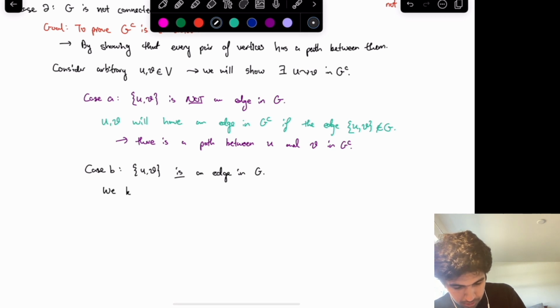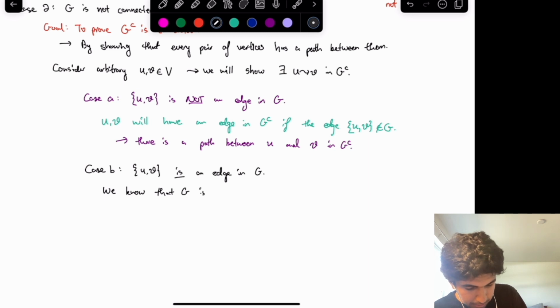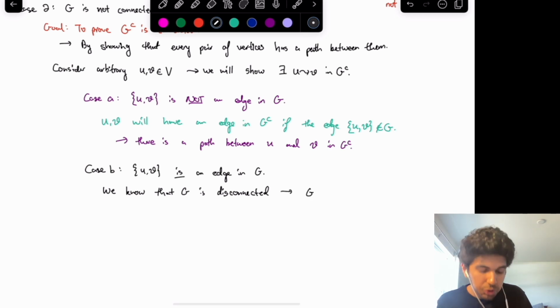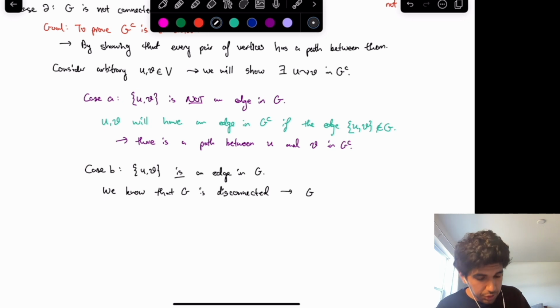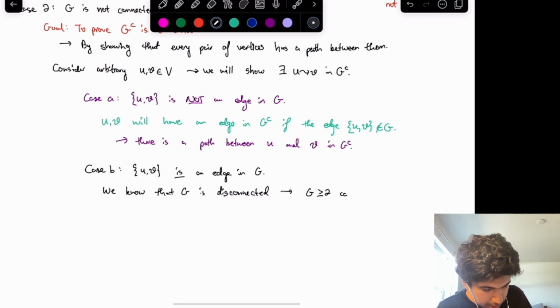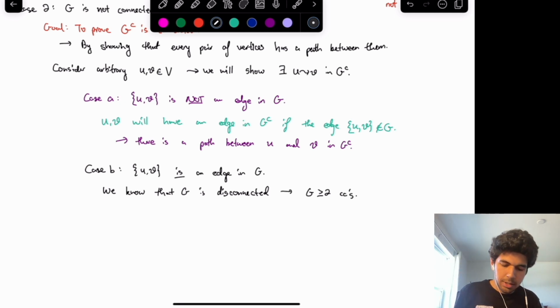We know that G is disconnected. That is the case we're under. So G has multiple connected components, not just one. If it was one, it would be a connected graph. So G has greater than or equal to 2 connected components. I'm just going to abbreviate it CCs because that would take forever to write out.